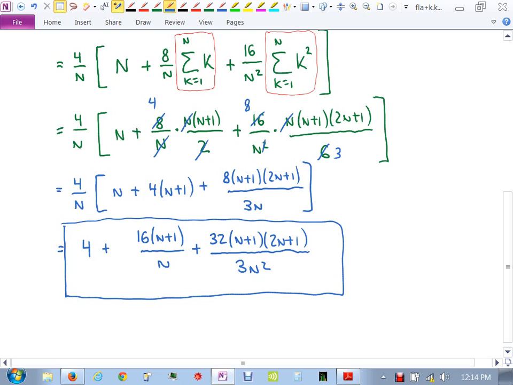Let's just check. Let's just plug 2 in real quick. If I plug 2 in right here, I get a 3. Here I get a 2. Here I get a 3. Here I get 5. Here I get 2 squared is 4. So let's see. I have 4 plus 16. 8 times 3 is 24 plus, let's see here, 12, 15.